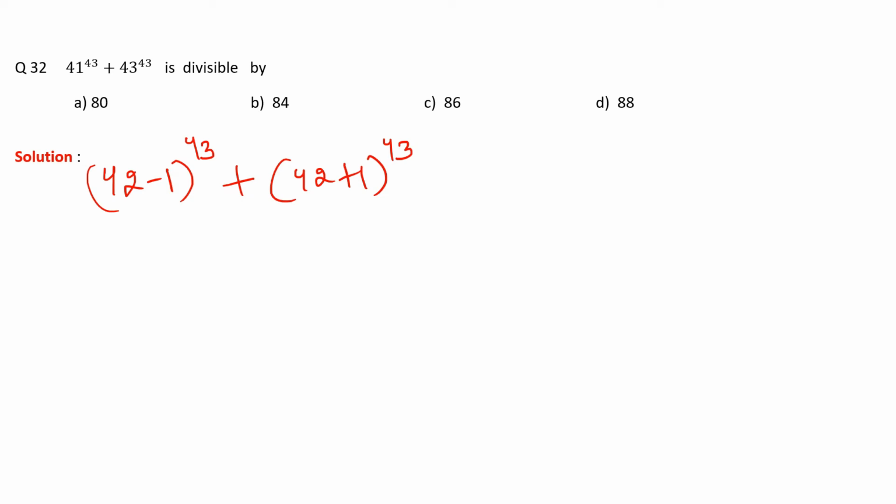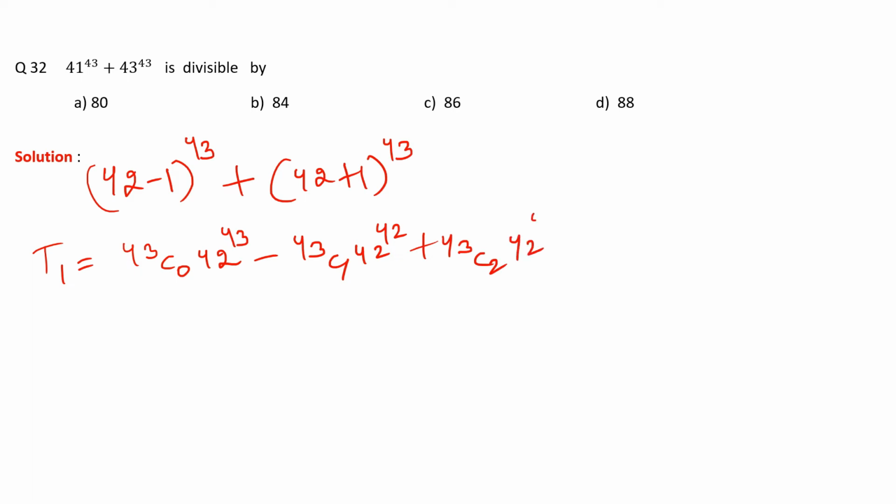The first term, I am calling it T1, that will become 43C0 42 to the power 43 minus 43C1 42 to the power 42 plus 43C2 into 42 to the power 41 and so on till minus 43C43 into 42 to the power 0.